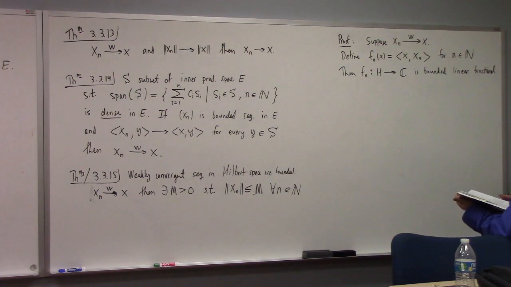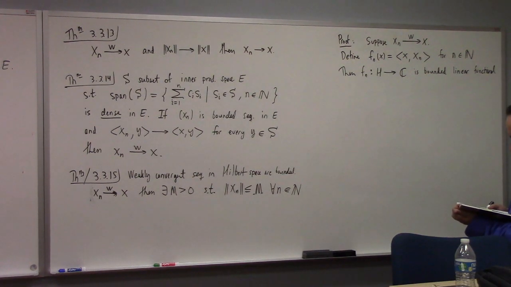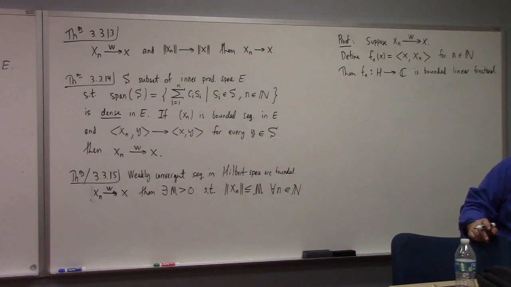Why is it bounded? He says it's by theorem 3.3.11, which I think is one we proved earlier. That's that strong convergence implies weak convergence.